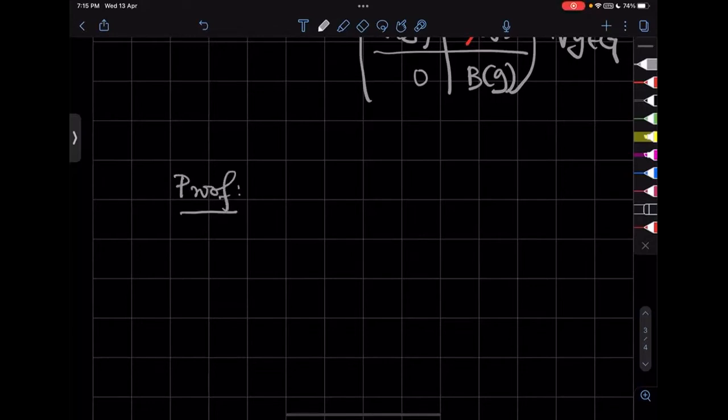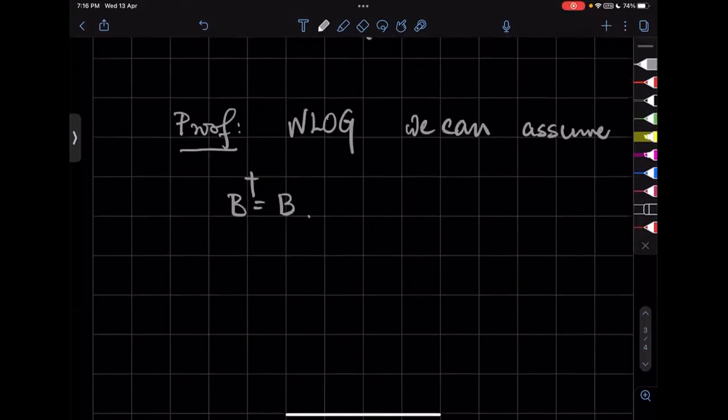So suppose, without loss of generality, and you will see "WLOG" as a shorthand that mathematicians write, we can assume that B is a Hermitian matrix. And you might say, well, why?